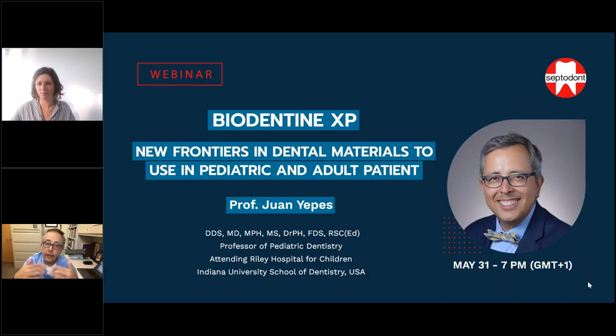And that's a very nice combination of two excellent materials. The silver diamine is an antimicrobial material, as well as Biodentine. They have a very high pH, very alkaline pH. And then over the silver diamine, you place Biodentine. You can do that. So yes, you can use a disinfecting material before placing Biodentine.